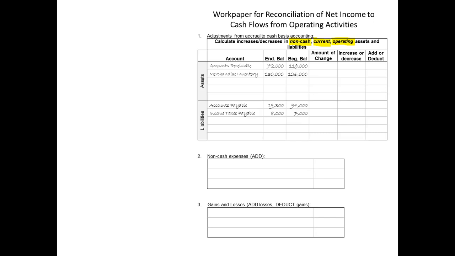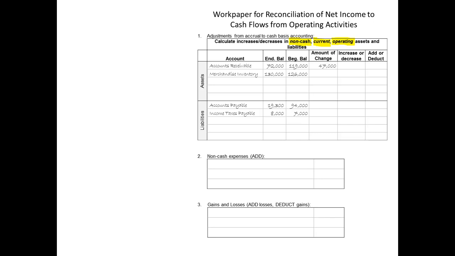We will always enter the amount of the change as a positive number, the absolute value. For accounts receivable then, the difference between $119,000 and $72,000 is $47,000. This is the amount of the change in accounts receivable.